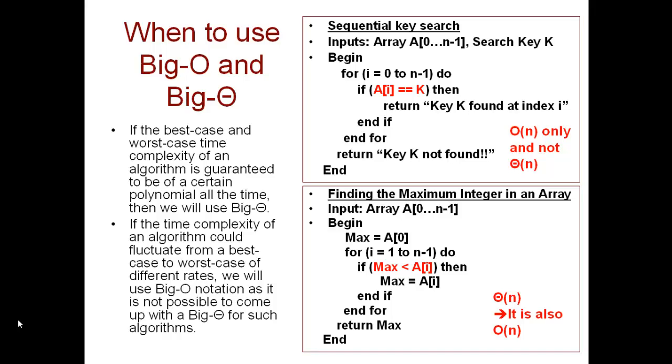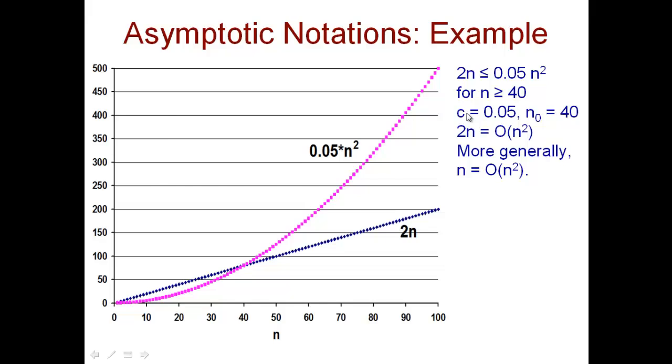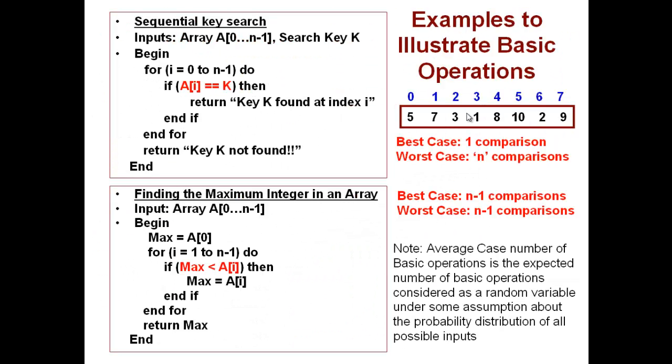We saw those two algorithms: sequential key search and finding the maximum integer in the array. For the sequential key search problem, you're given an array of integers and you want to search for a specific key. If your search key was the first integer itself, we just needed to do one comparison and we can stop the program.